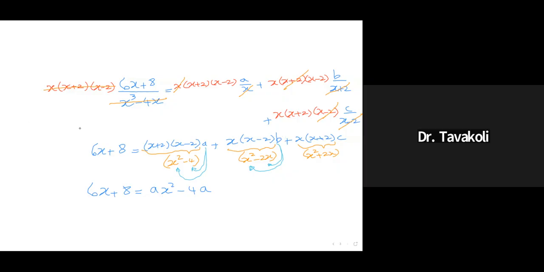So in other words, I will have bx squared. B times minus 2x is going to be minus 2bx.